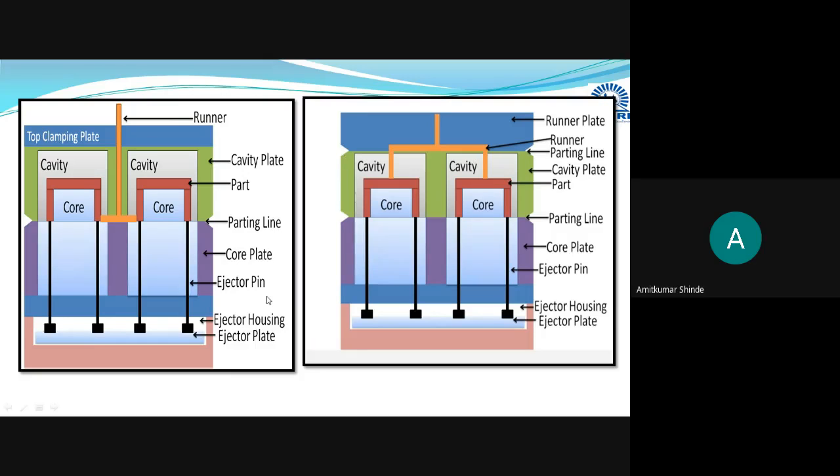Now, what are the advantages and disadvantages of the two plate mold and three plate mold? As far as the two plate mold is concerned, it requires less lead time, and cycle time is very less. Its design is very simple, and its cost is also very less.